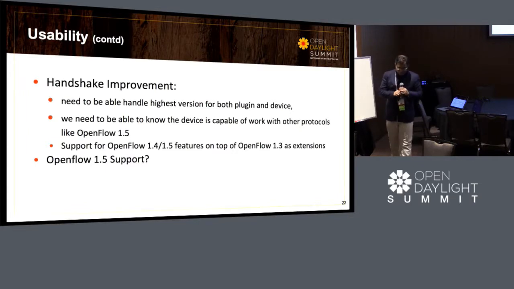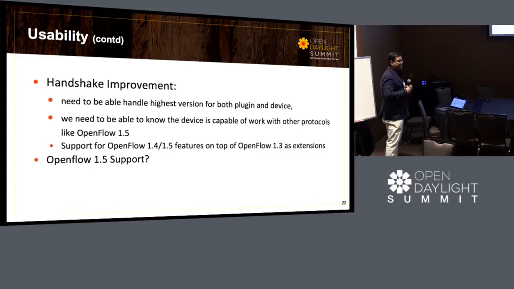One more thing that we found out during Boron was that if we want to connect an OVS 2.4 with a higher OpenFlow version like OF 1.4 to the current plugin, the handshake does not go through. So we need to ensure that the handshake, as mentioned in the OpenFlow spec, is correctly implemented in the OpenFlow plugin, as in the highest supported version is honored.